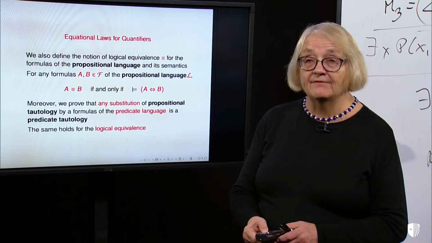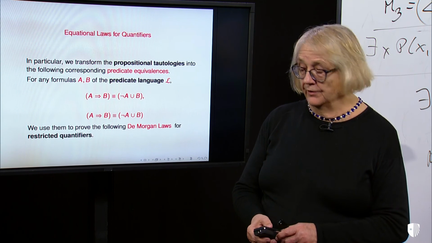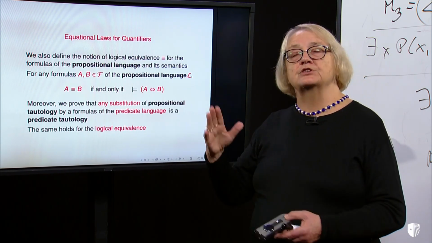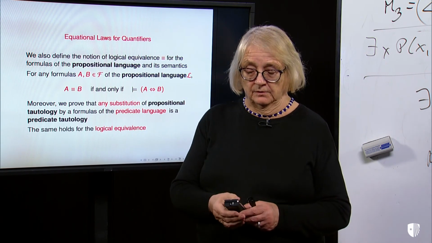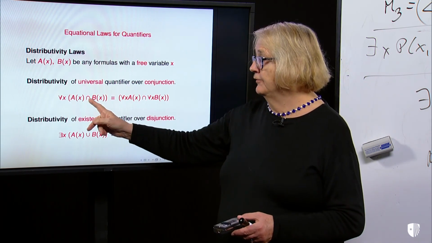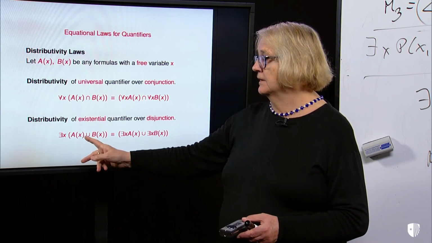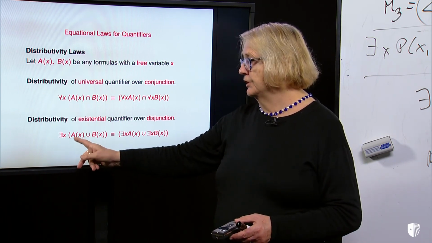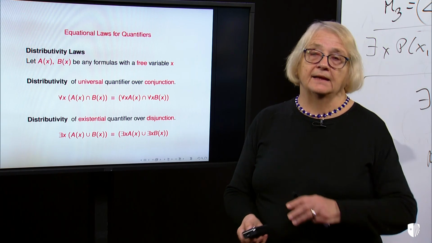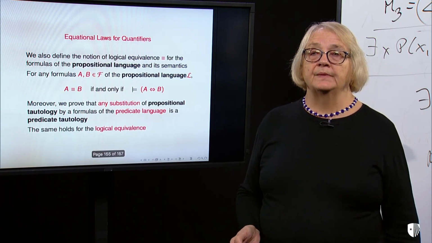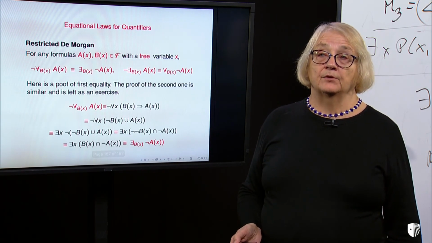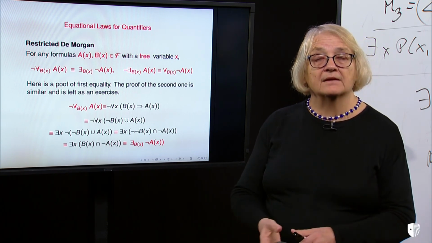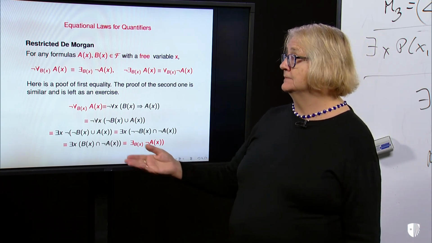But the full distributivity does not hold for disjunction, and here the full distributivity does not hold for conjunction, and I give you examples. And also restricted domain quantifier laws hold.